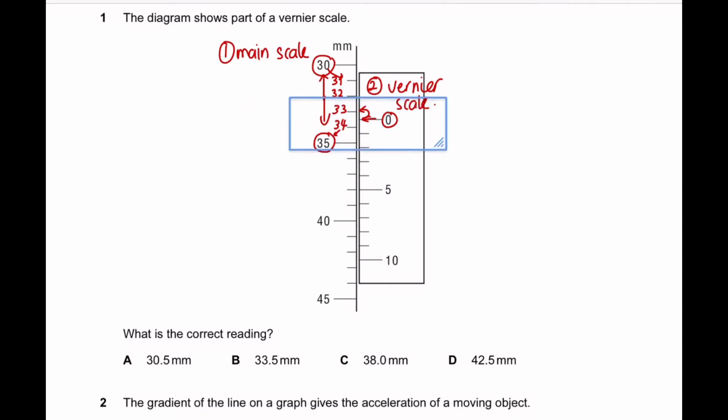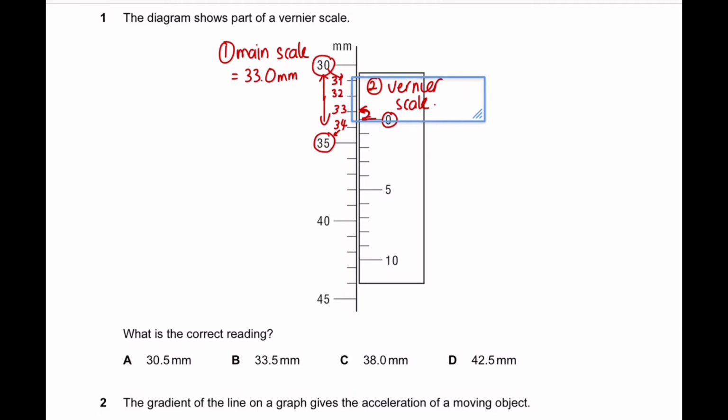Now again, back to here. As I've mentioned, we have to pick the number before the 0 of the Vernier scale lands. In this case, it is 33.0 millimeter. Okay, the second reading we have to take is from the Vernier scale.